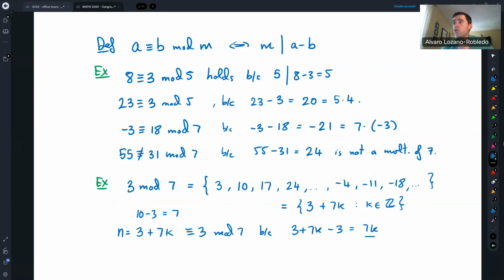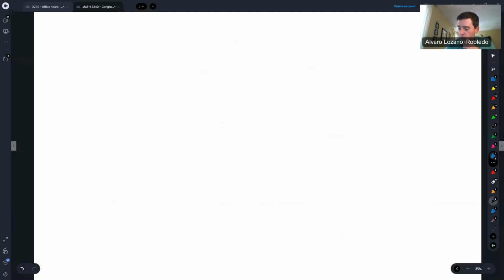All right. So now, how many different classes of numbers are there modulo 7? Let me prove a proposition here. Proposition: let m be fixed.